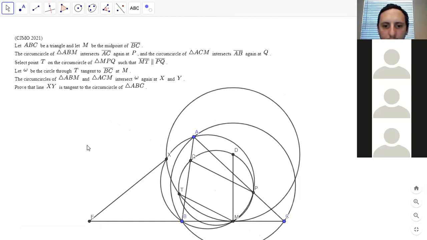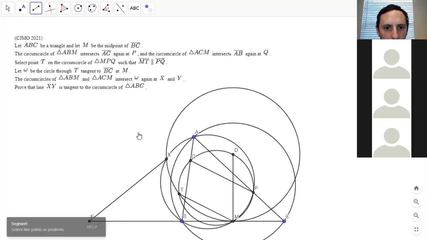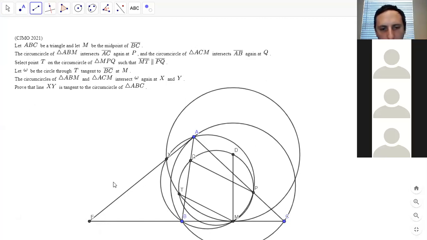Yeah, because we could draw AX. Yeah, we want to show it's tangent. So I don't know if we've used yet that M is the midpoint; I think we used that M as the midpoint earlier.